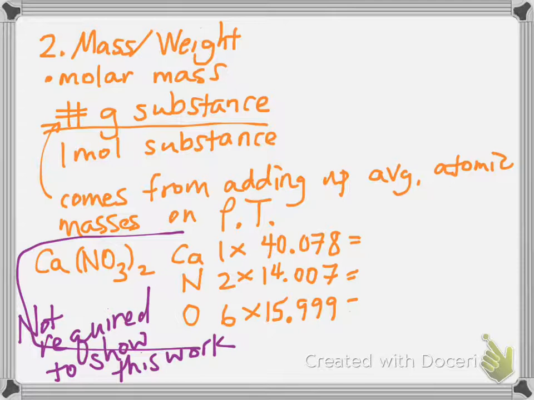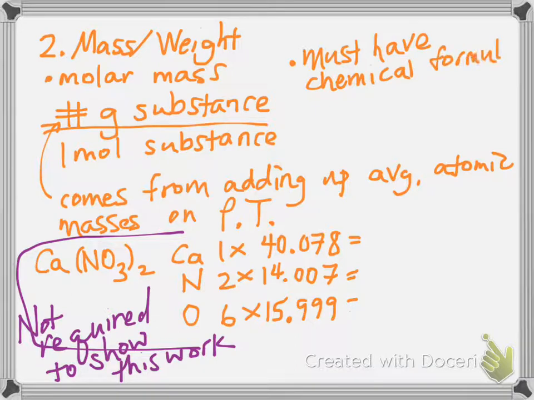Remember, to calculate molar mass, we must have our chemical formula correct. If our chemical formula is wrong, we're not going to have the correct molar mass. So again, this is 40.078. This is going to be 28.